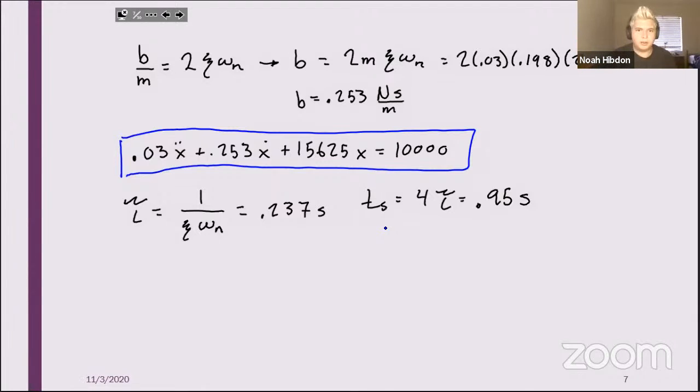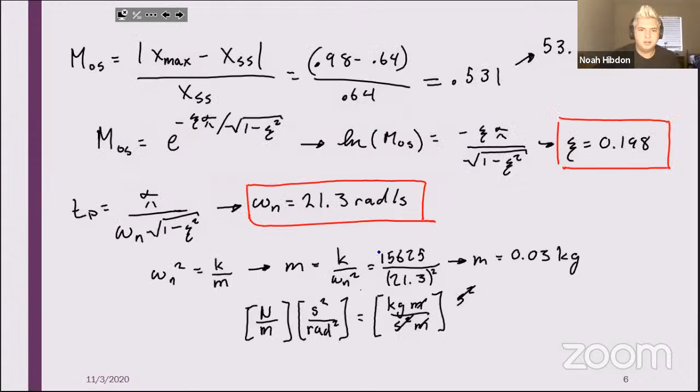Dr. D, I had a question about where you got your M value from. It was 10,000 divided by 21.3 squared. How does that equal 0.03? One second. It equals that if it's 15 point, but not 15,000.